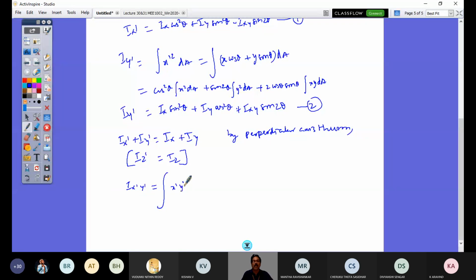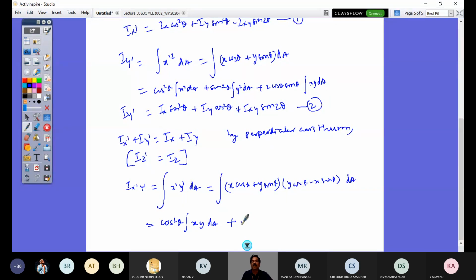Now this product is going to give xy cos square theta, so let me take cos square theta out: integral xy dA, plus the first term is this product, and the second term is y squared cos theta sin theta.